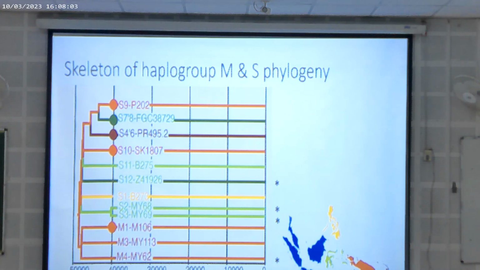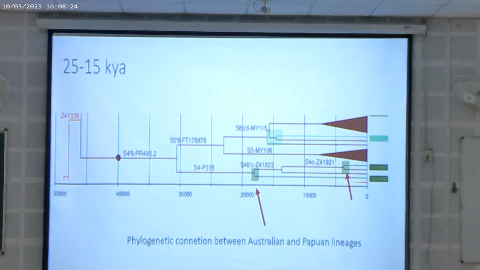This is something that has been argued for long in uniparental studies, that Australia and Papua New Guinea have been separated since the very initial migrations. Unfortunately, here and in general, there is very, very little data from Australia available. There are only 13 samples. But this was nevertheless a surprise, and it is based literally on a couple of guys, like 3 guys from Australia.